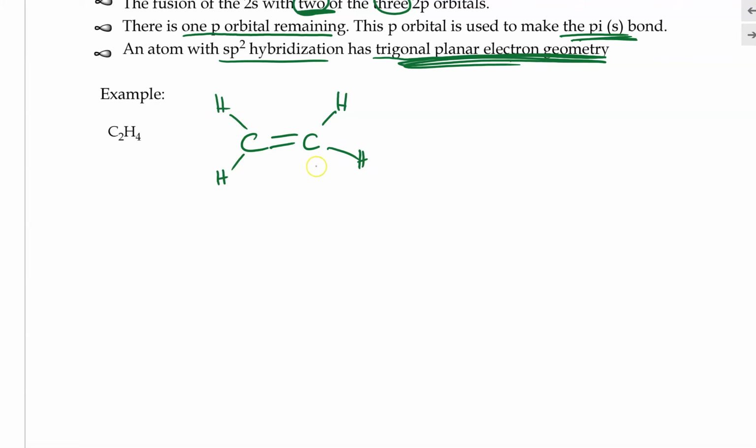Looking at this carbon right here, it has the trigonal planar electron geometry, and therefore it must have sp2 hybridization. The same thing is true for the other carbon. This carbon is also sp2.